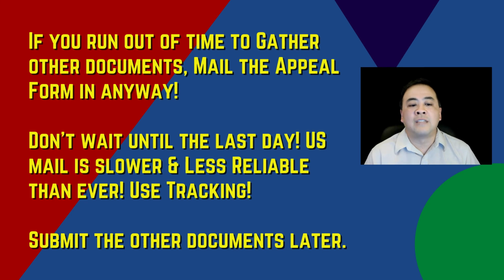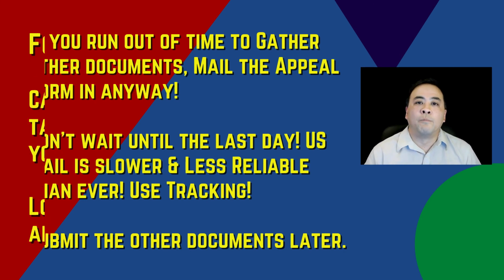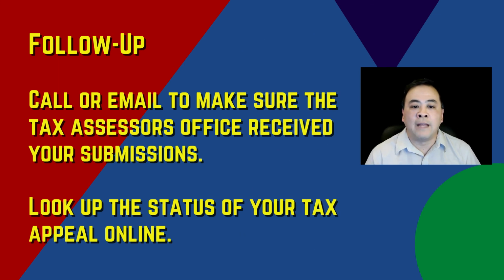And when you do send it in, especially if you're running really tight on time, you will want to use tracking like certified mail. Priority mail also provides a tracking number. Whether you send in the basic appeal form only or you submit it with the supporting documentation that I've recommended, you will always want to call or email the tax assessor's office a few days later to make sure they have received it and they've recorded it.